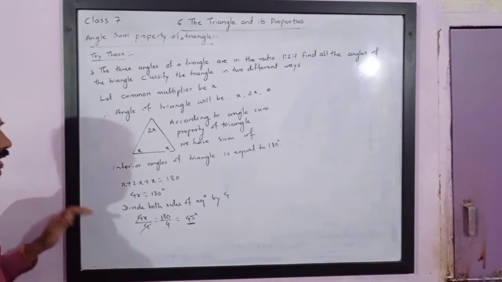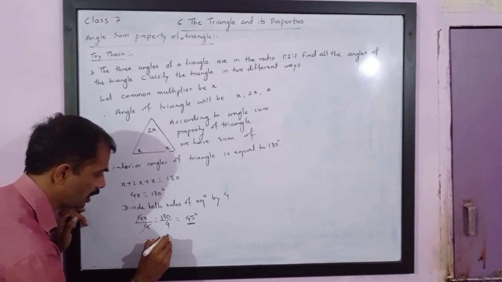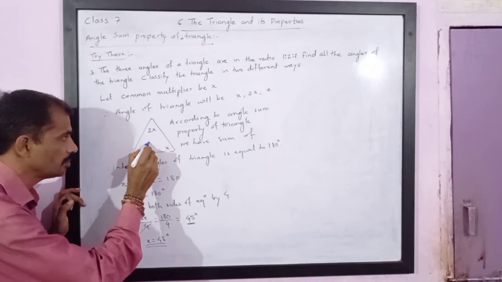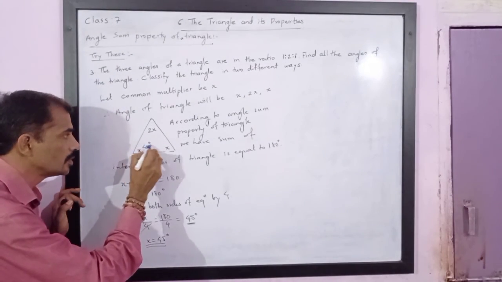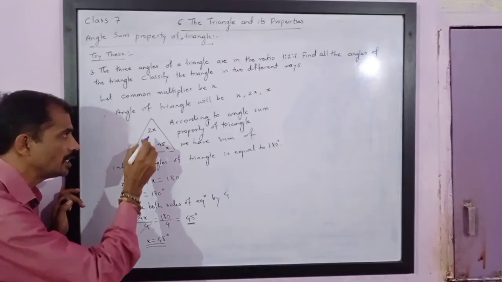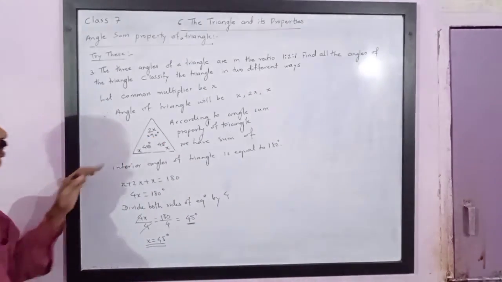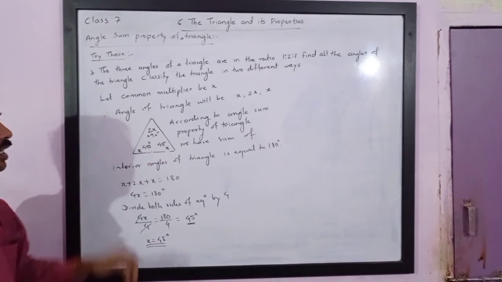So we have got x is equal to 45 degrees. It means this angle is 45 degrees, this is 45 degrees, and this is 2 times 45, that is 90 degrees. Please note, the angles of the triangle are 45 degrees and 90 degrees.